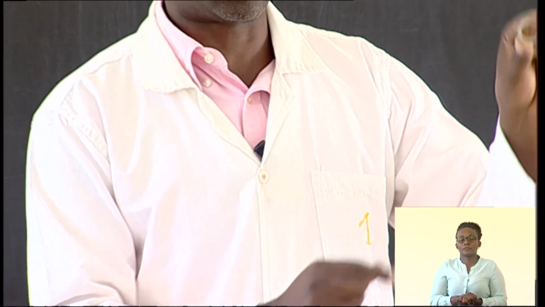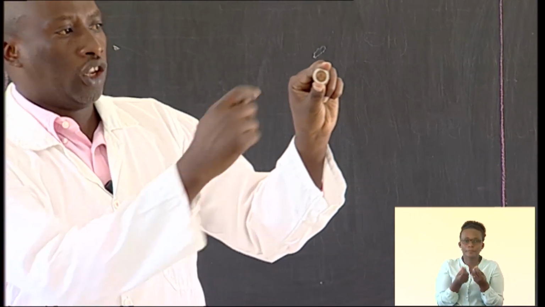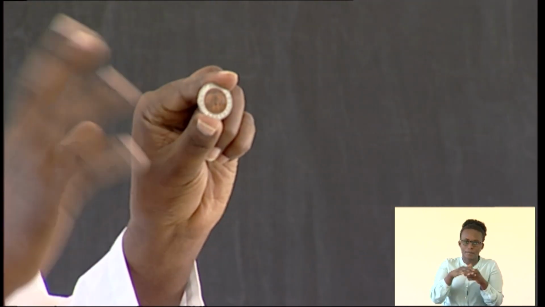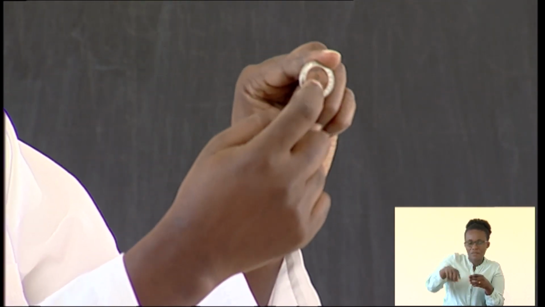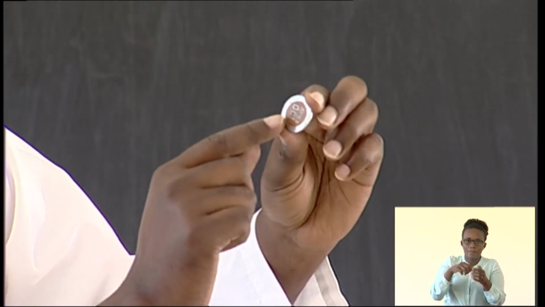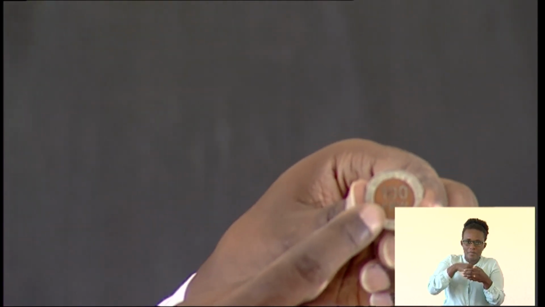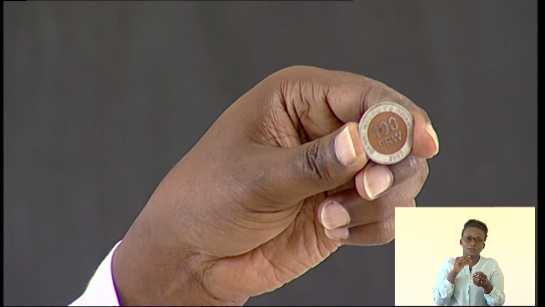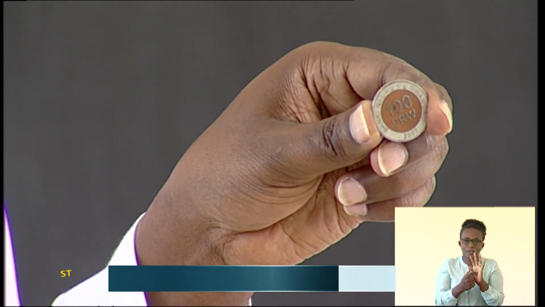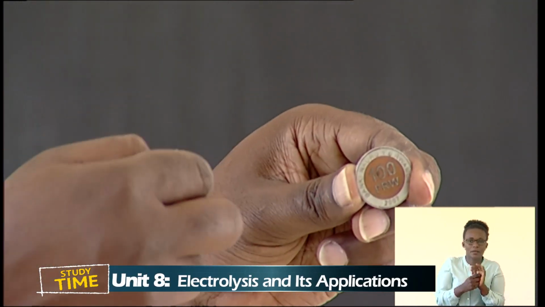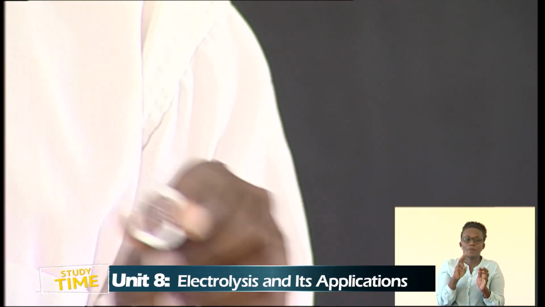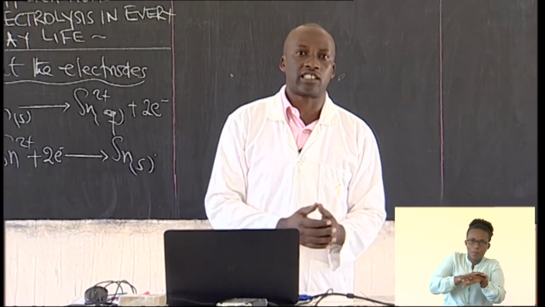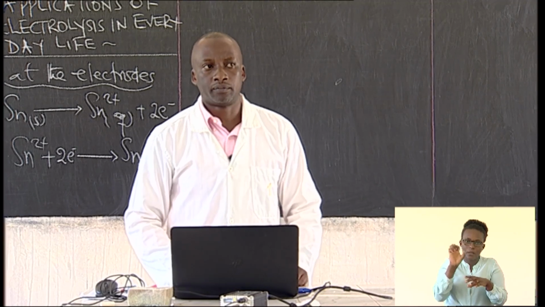Look at this 100 coin. When you look, the outer covering part is silver. But the inside part, where 100 is written, the flan, you see the brown color. What is that brown color? That is copper. So this is the coating of the metal with another. This is done with other substances as well, the watches, the necklaces, in general jewelry.